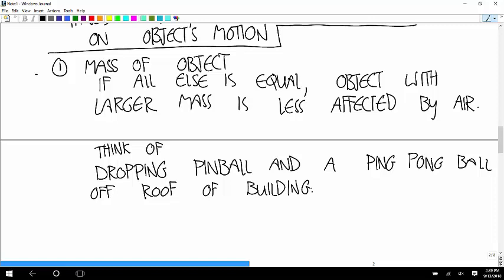The only real major difference between them is a pinball is made out of steel or whatever kind of metal, and a ping pong ball is hollow plastic. But if you drop them off a building, the pinball would hit the ground a lot faster than the ping pong ball would, just because the mass is a lot higher.